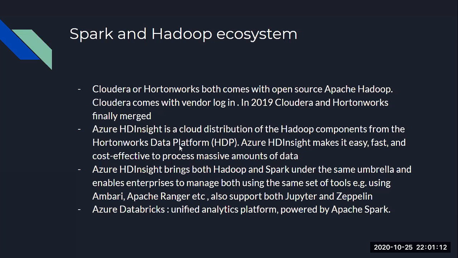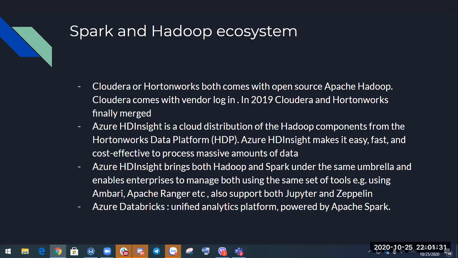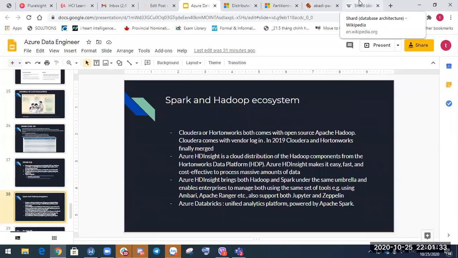So back to my point, Cloudera and Hortonworks used to be the main provider for open source Hadoop. With the Apache ecosystem, all of them are open source. So there's a huge ecosystem of different tools for data engineers to control and manage your system.